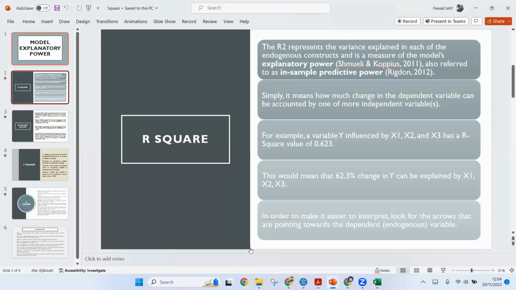Now, we have all heard about the concept of R square, and we did discuss it earlier as well. R square represents the variance explained in each of the endogenous constructs, and is a measure of the model's explanatory power, also referred to as in-sample predictive power.